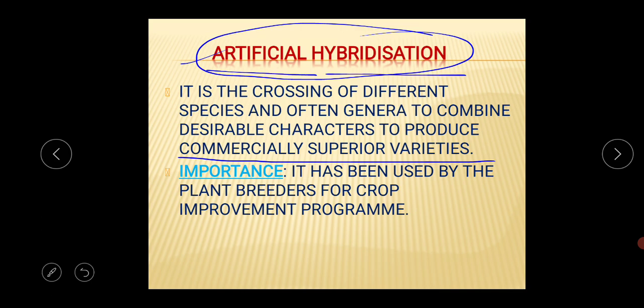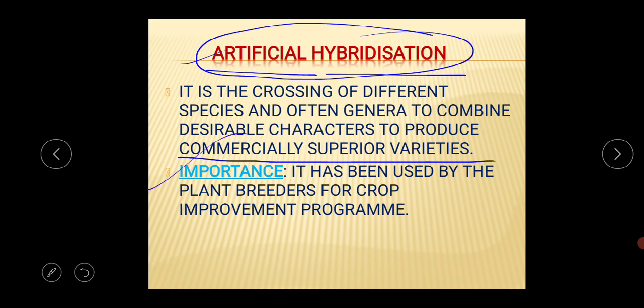Artificial means not natural. In this case, different species are mixed and hybridized together to form a new variety which is genetically modified, a commercially superior species.